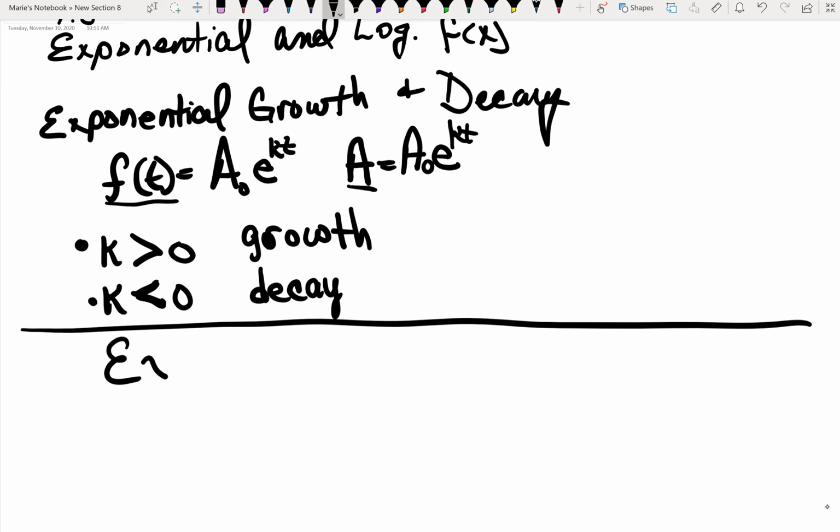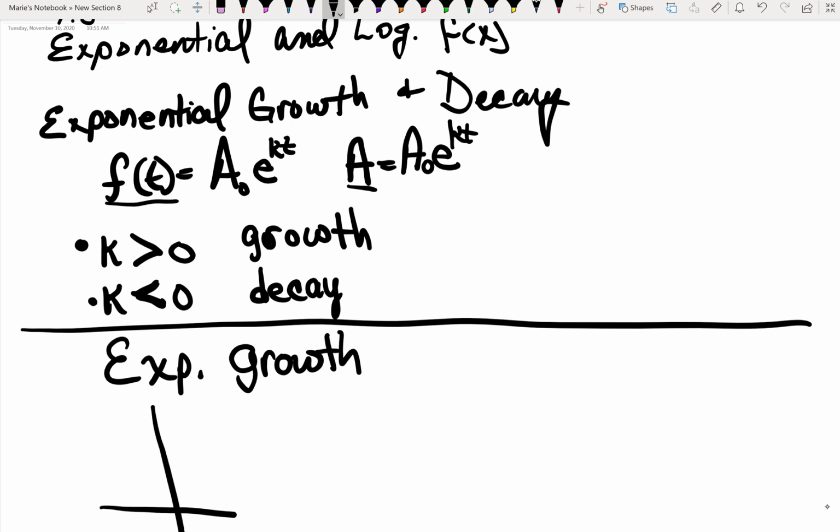So if I'm looking at exponential growth, which is the first design that I showed you, our value will start in the first quadrant at typically a sub 0, which is the initial value, and it's going to be an increasing function in this direction.